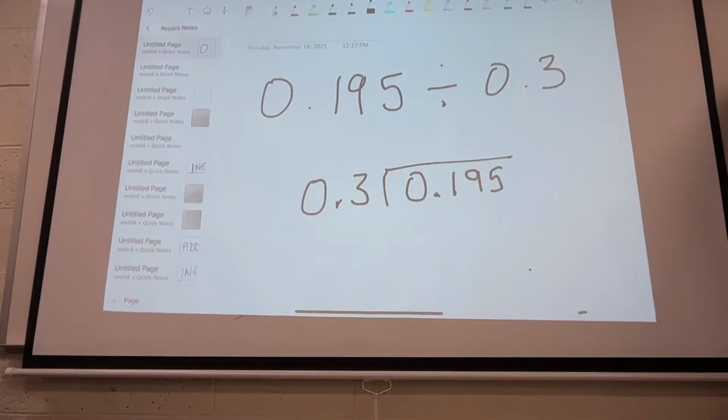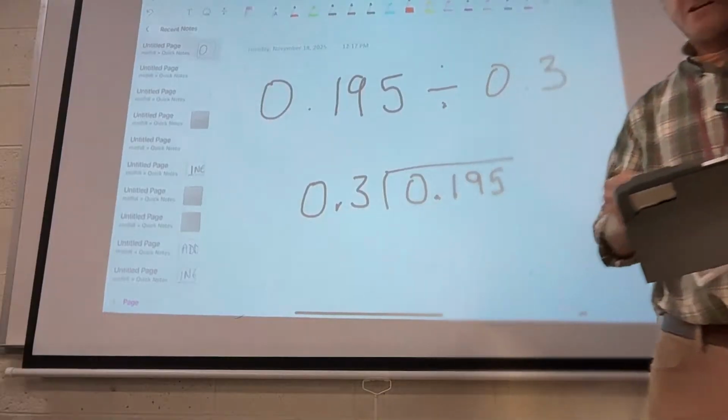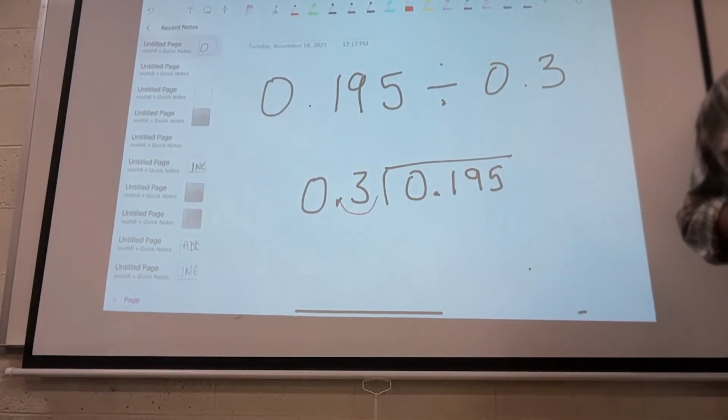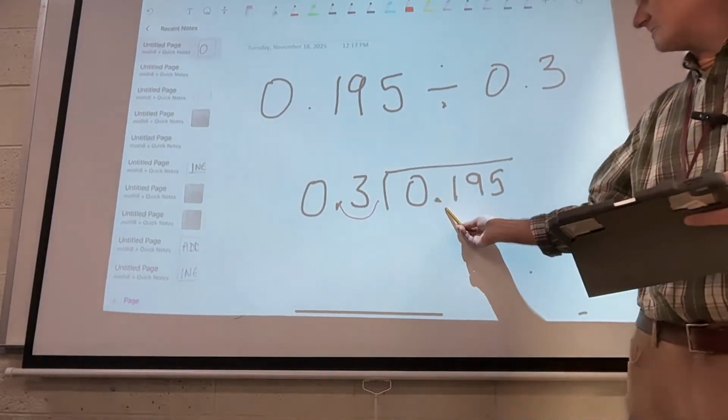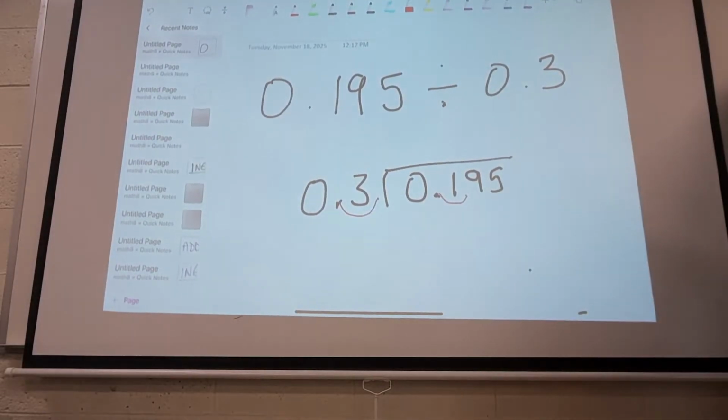And like we said yesterday, we have to move our outside decimal point all the way to the right. I have to move it one space there, which means I have to move it one on the inside and then put it straight up.